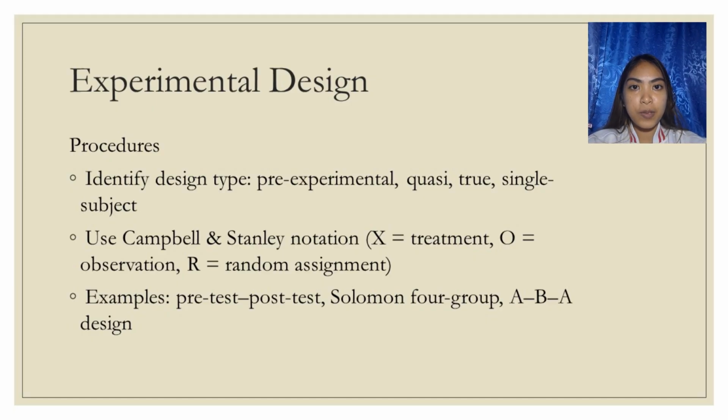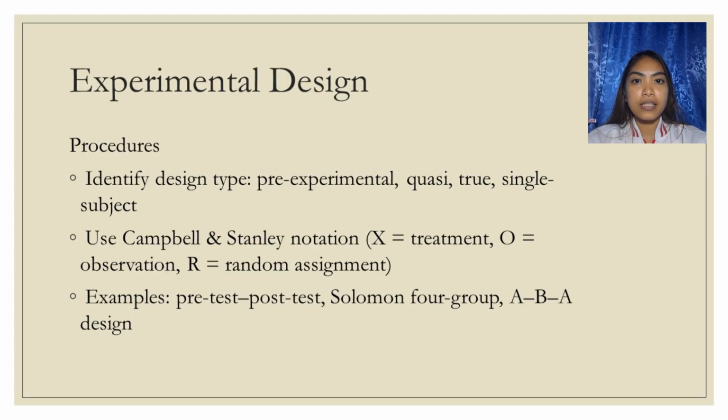The chapter provides examples of one-shot case studies, one group pre-test post-test designs, static group comparisons, alternative treatment designs, non-equivalent control group designs, interrupted time series designs, classical pre-test post-test control group designs, post-test only designs, the Solomon 4 group design, and ABA single subject designs.